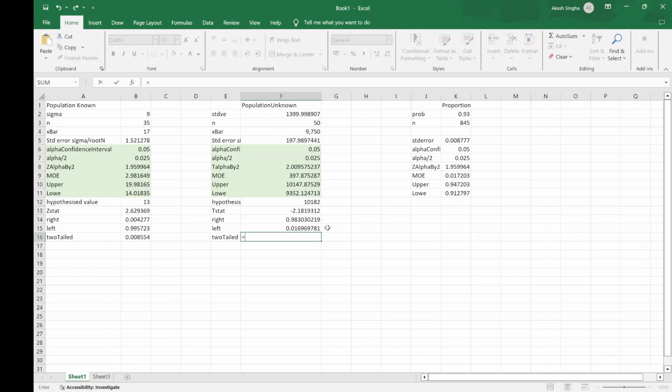So two tailed in this scenario will be 2 into, I guess for T distribution.